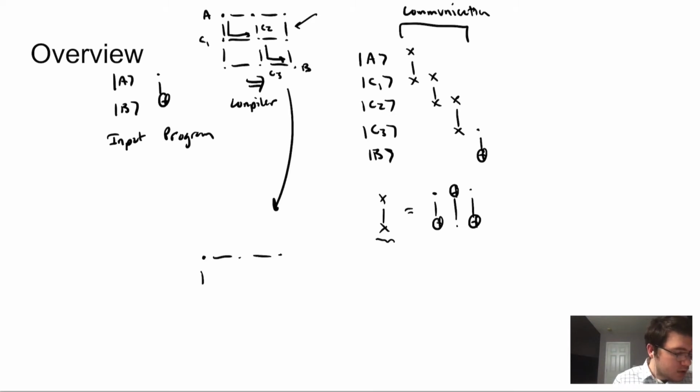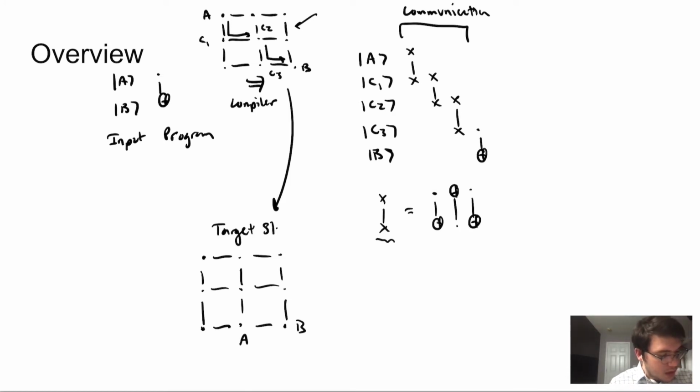We want to go to a state, some new mapping, where A is now located next to B. We've made an arbitrary choice to move A to B, but we could have done something else. But this is the state that we want. This is the target state. And the question is, what sequence of actions can I take on the input that will quickly and accurately get me to the target?